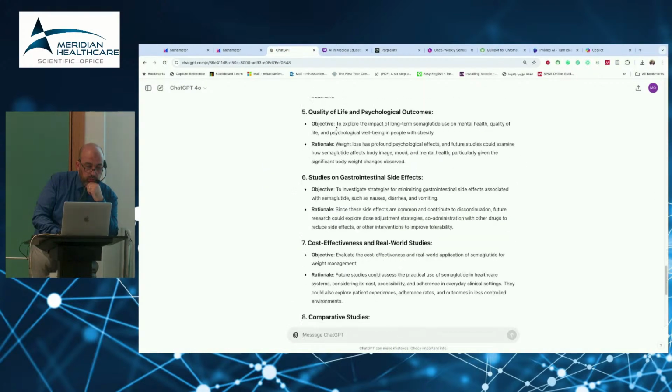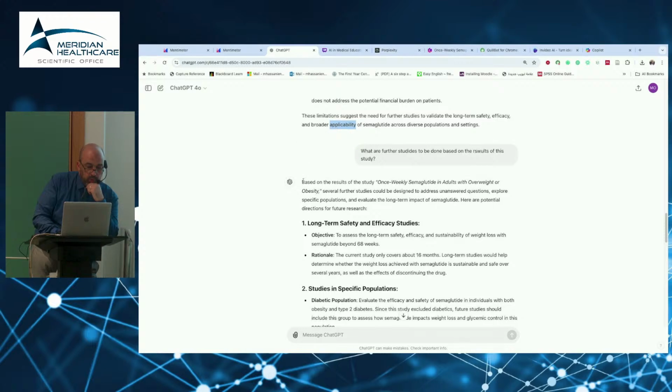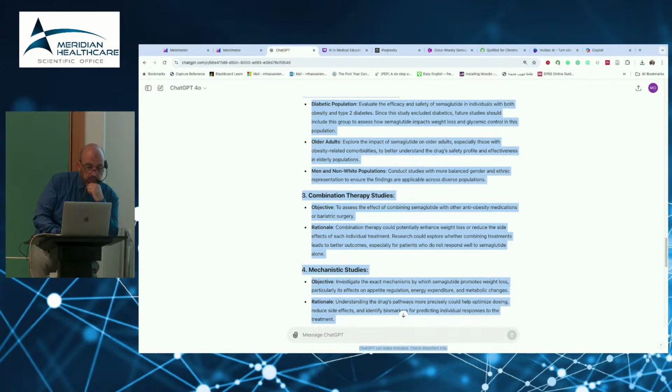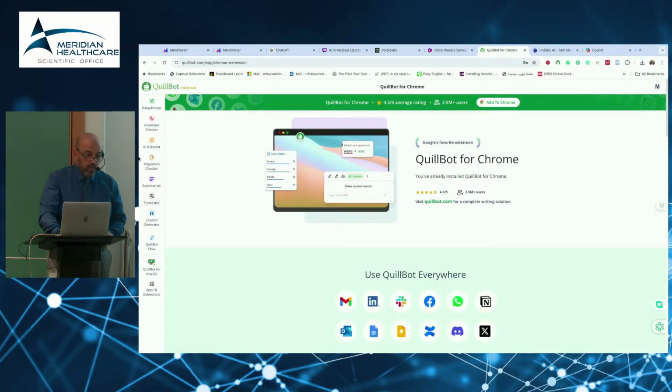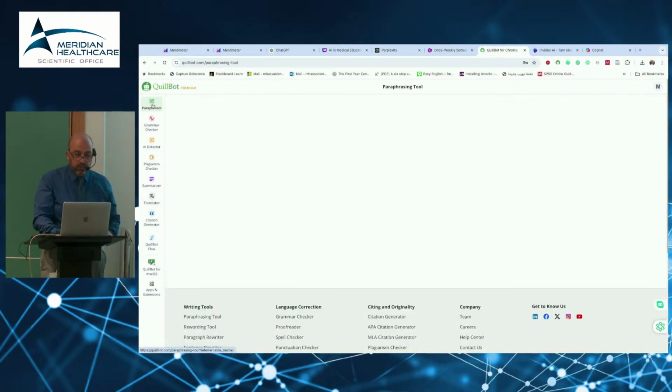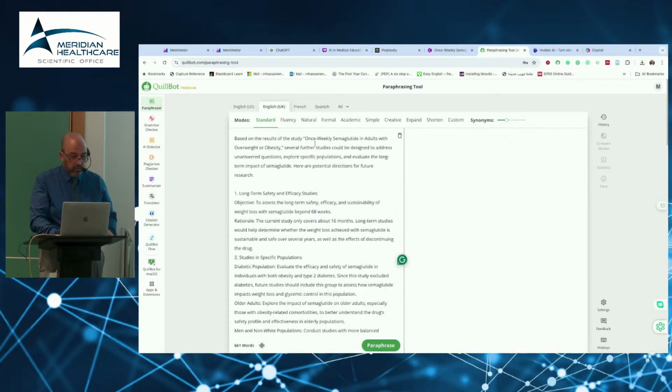Let's take this text from ChatGPT. Copy it and go to QuillBot, first to paraphrase. We take a text, paste it here, and ask it to paraphrase.